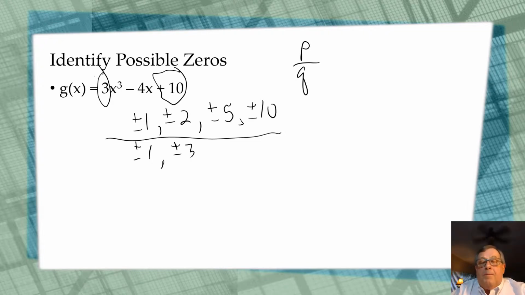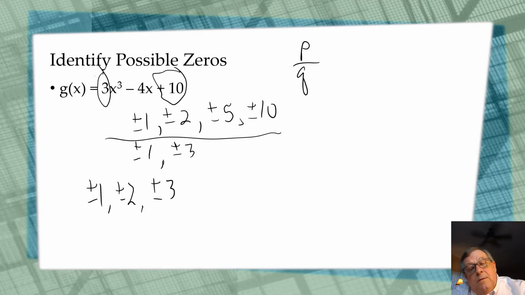All right, now I perform the operation. Dividing everything by 1 is just going to be plus or minus 1, plus or minus 2, plus or minus 5, plus or minus 10, but I also am going to divide by plus or minus 3. So let's see, what are all our factors? Let's just start with the obvious: plus or minus 1, plus or minus 2, plus or minus 5, plus or minus 10.